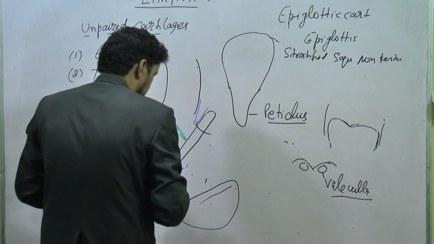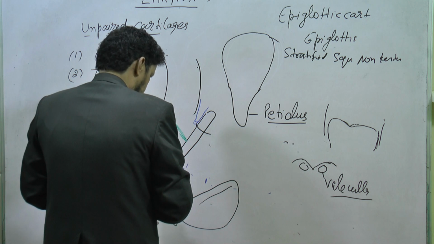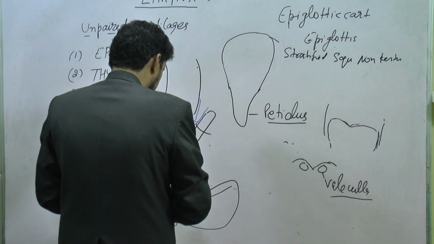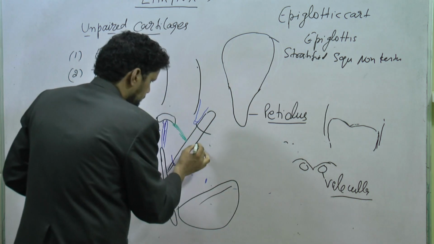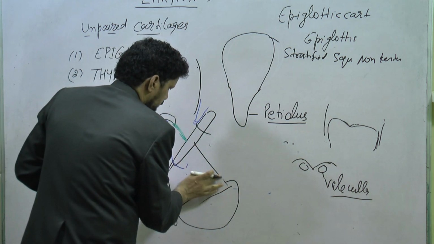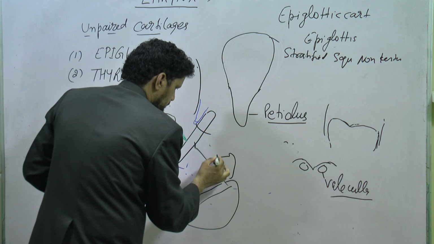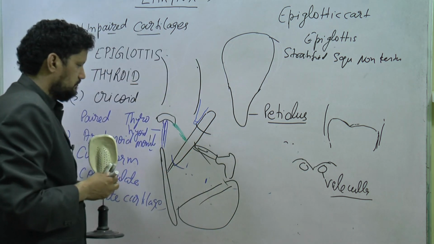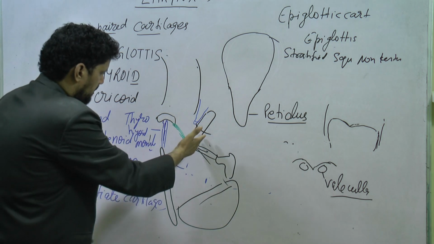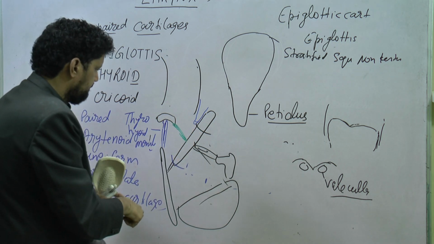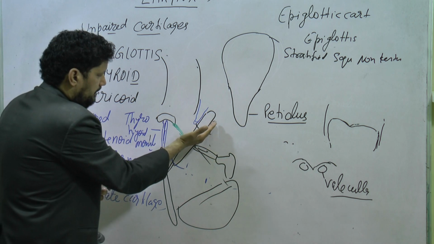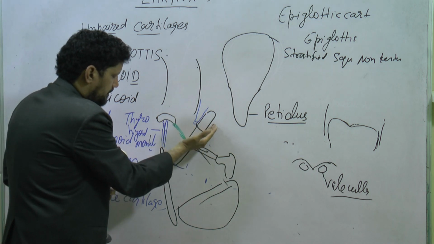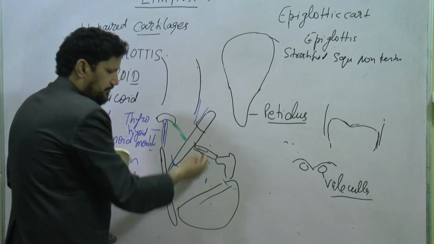This is cricoid cartilage forming the base of the larynx. So this part is the vestibule, forming the anterior wall of the vestibule or upper part of the larynx.